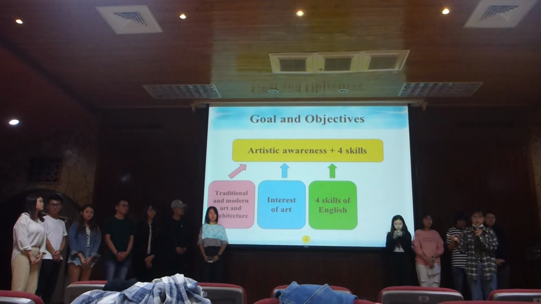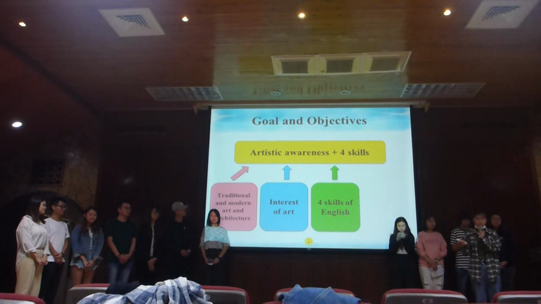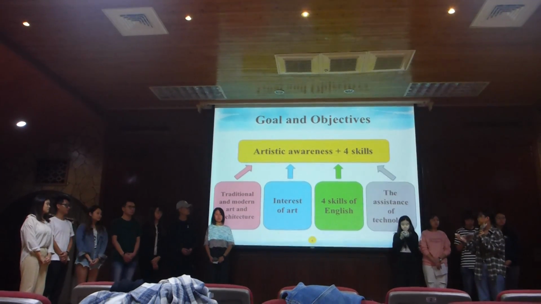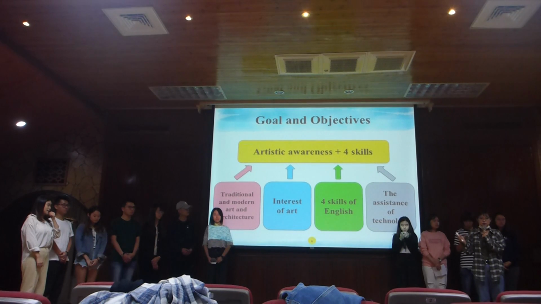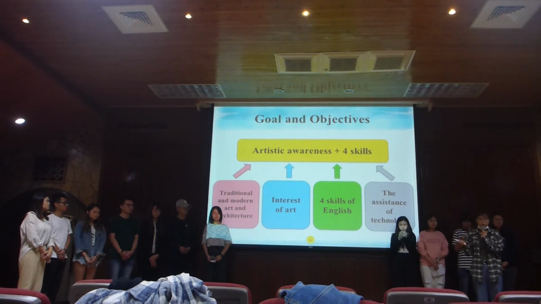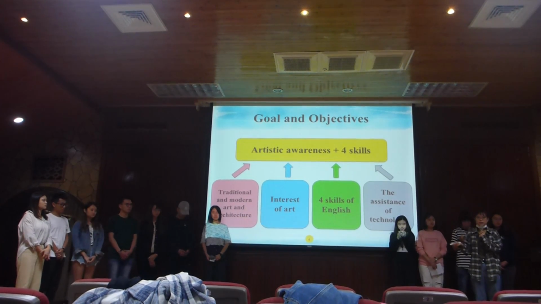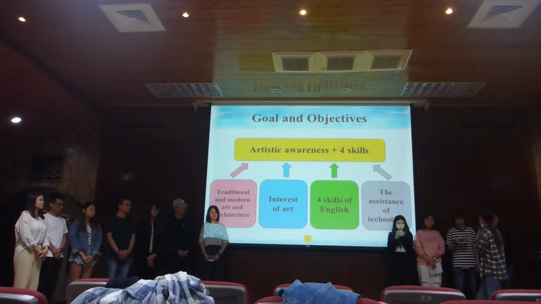Second, students will be able to advance 4 skills of English through technology. At last, students can use different augmented reality and QR code in our materials to assist learning. Now, let's welcome the next presenter to talk about the theory and framework.